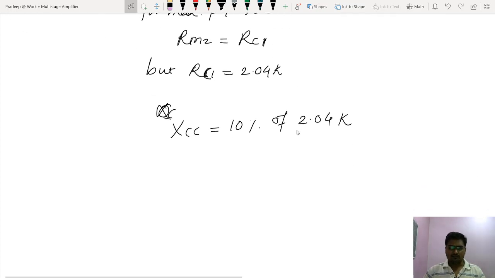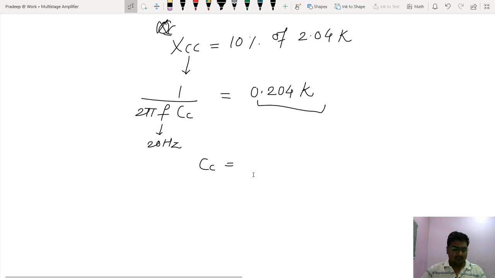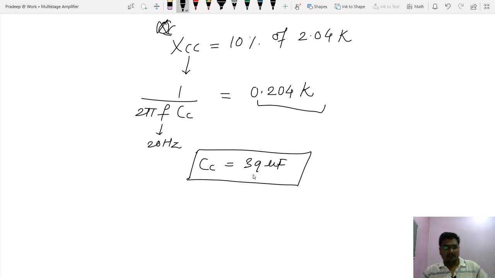Now 10% of 2.04K means 0.204K, and this is X equal to 1 divided by 2 pi F CC. Now what is the value of F? It is 20 hertz. Now see, the frequency is known, the right hand side is known. Calculate the value of the capacitor. Let me check what the value was previously. Last year students calculated 39 microfarad, and this is the coupling capacitor value.